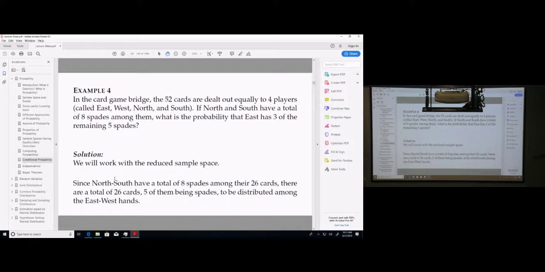Let's say East has 4 spades, and North is playing the card, and South has a big spade. One possibility is that, depending on how East plays the card, South will play either a bigger card or a smaller card. So calculating this kind of probability is useful.